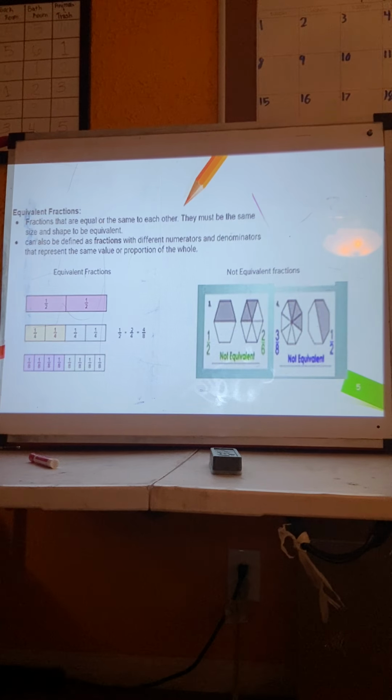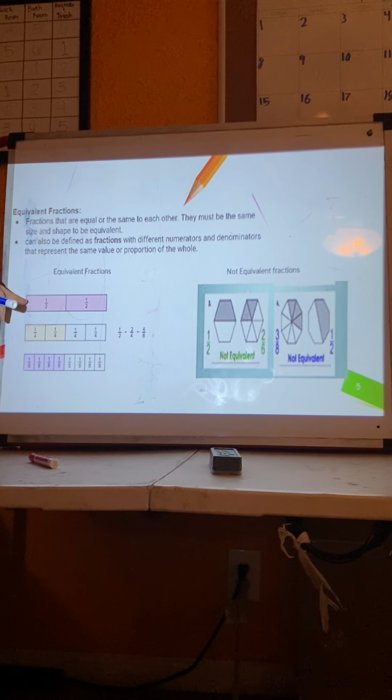Now, the first thing I want to do is go over equivalent fractions. Equivalent fractions are equal or the same to each other. They must be the same size and same shape to be equivalent. Equivalent fractions can also be defined as fractions with different numerators and denominators that represent the value or proportion of the whole.